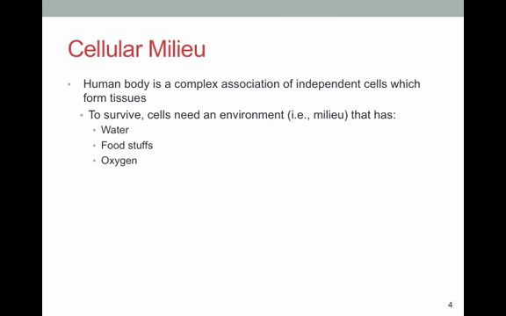To survive, cells need an environment, and that is the milieu: water, food, things like glucose, amino acids, and fatty acids, and oxygen. All elements must be maintained in an internal environment where there is sufficient heat and acidity for biochemical reactions, or metabolism, to occur, and the life processes to go on.